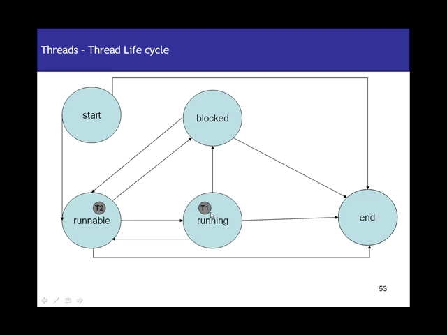So let's say at some point of time, after running for some 20 seconds or so, it has requested some IO operation and it's waiting on some response, right? So now thread T1 should be idle because it's waiting on some IO operation, and I don't want thread T1 to be waiting. So T1 will go into the blocked state because it's waiting on something to complete and it's not ready to run right now, right?